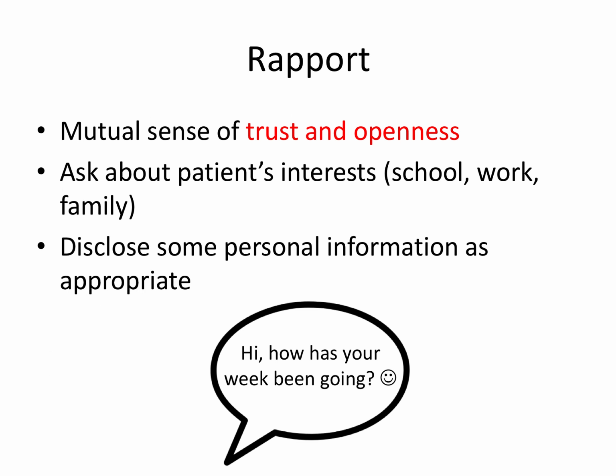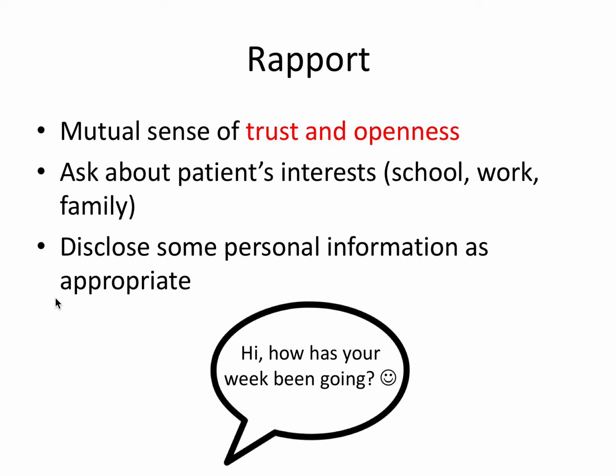So our next thing is rapport, and rapport is a mutual sense of trust and openness between individuals that, if neglected, compromises communication. So this just comes down to being human. Ask about the person's interests, school, work, family, what they do for fun, find out what they're passionate about, and maybe even write a progress note for yourself for future interactions so you can bring it up again at future appointments.